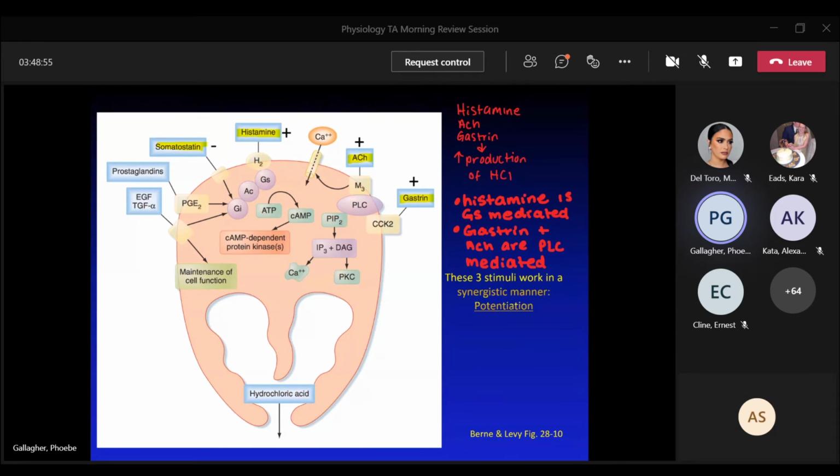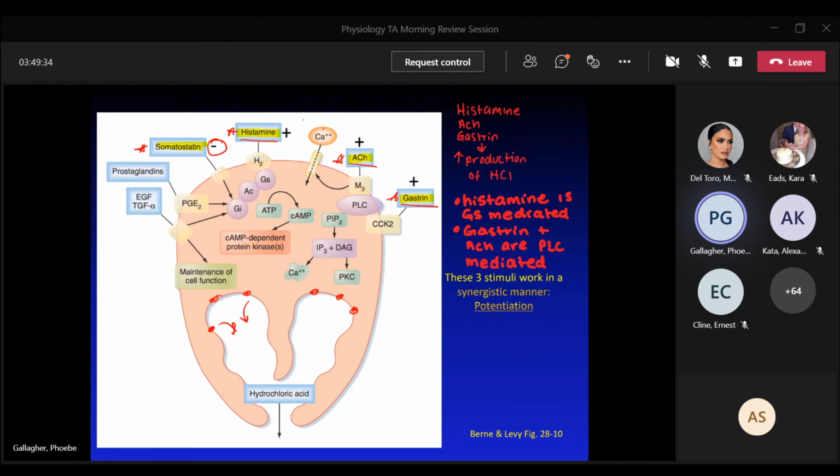Okay, so this is just more detail about that. He mentioned somatostatin, histamine, acetylcholine, and gastrin. So these are the 4 that I would know from this slide. So histamine, acetylcholine, and gastrin, as we already discussed, are going to lead to hydrochloric acid secretion by binding the vesicles with the membrane and increasing the surface area to lead to acid secretion. However, somatostatin is going to do the opposite. It's going to inhibit secretion of hydrochloric acid. So it is going to inhibit the actions normally done by histamine, acetylcholine, and gastrin.